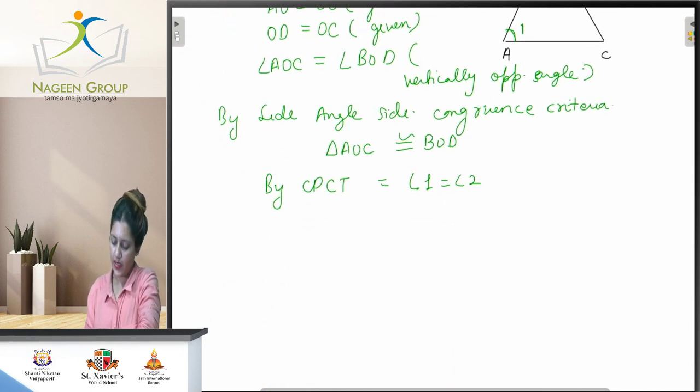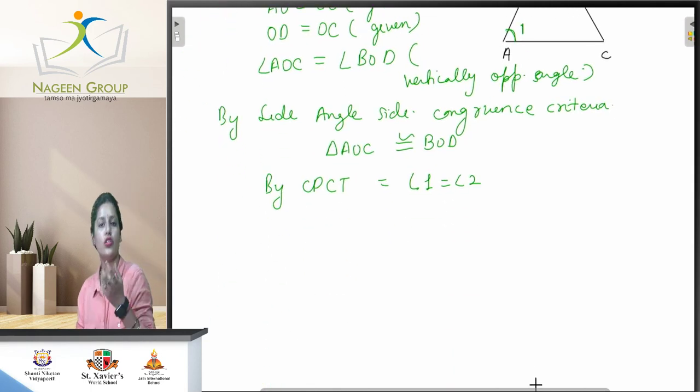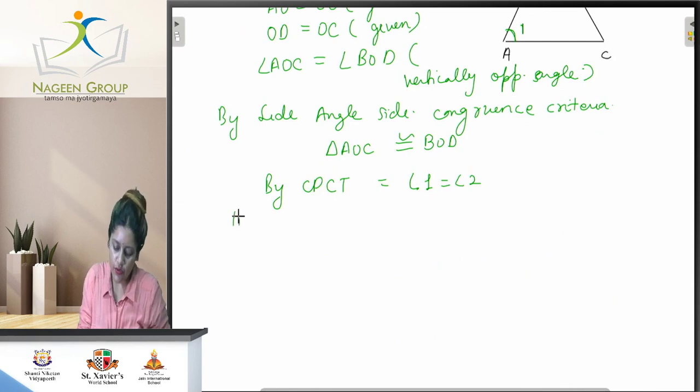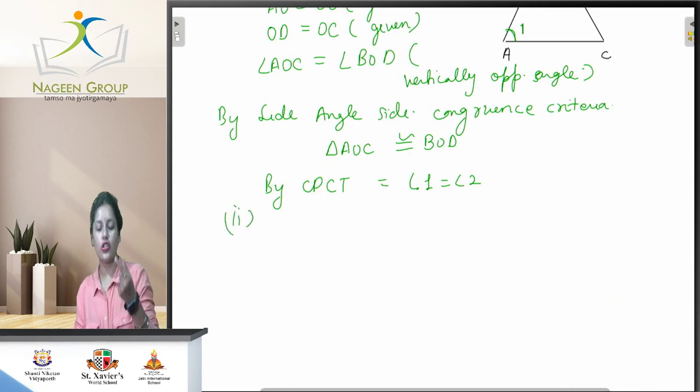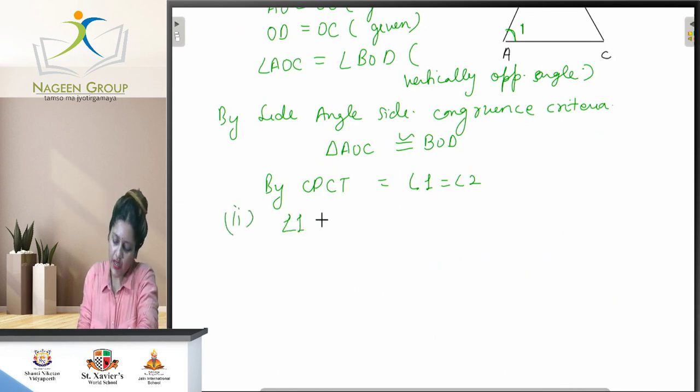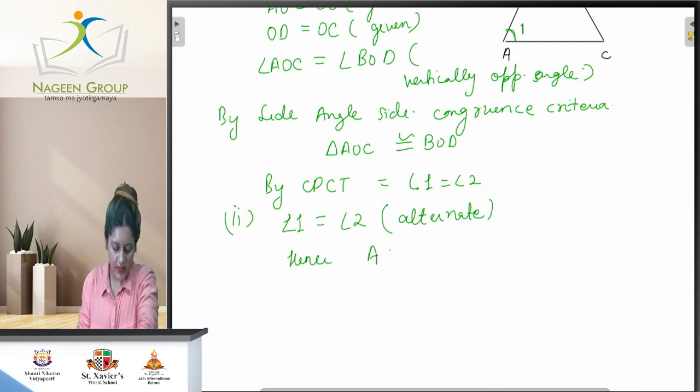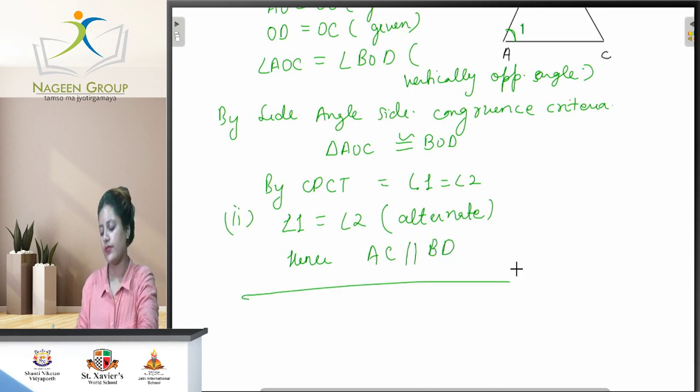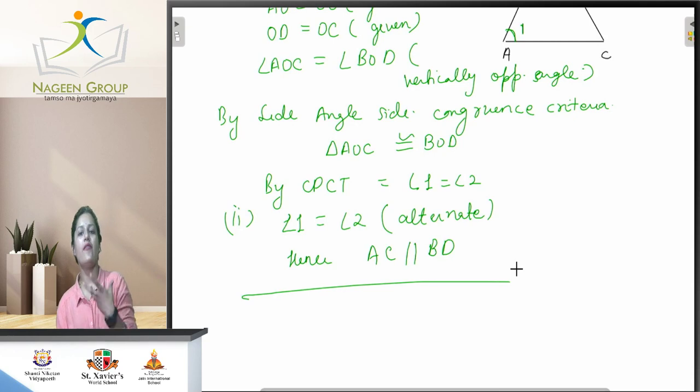So if by CPCT angle 1 equals angle 2, in the same way we do in the second point: if angle 1 equals angle 2, it is also an alternate angle. Hence AC is parallel to BD, hence proved. We have proved both the points which are mentioned here.